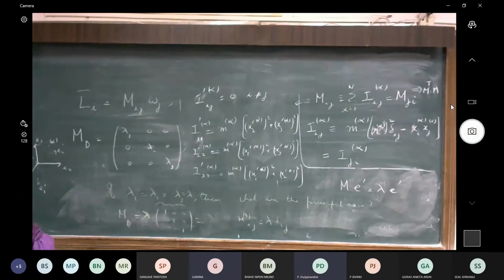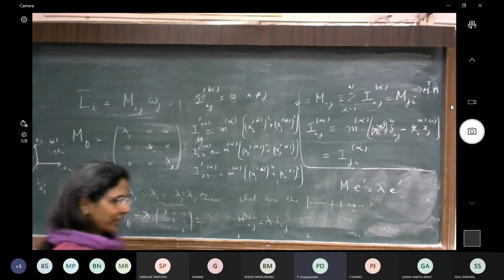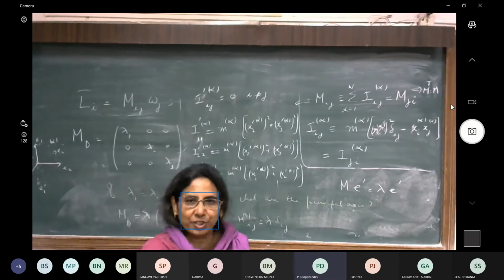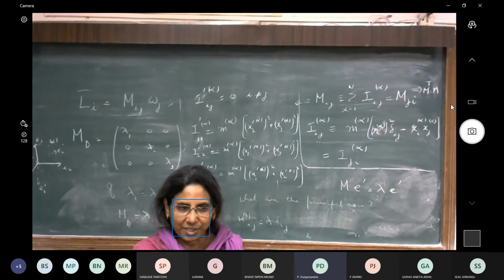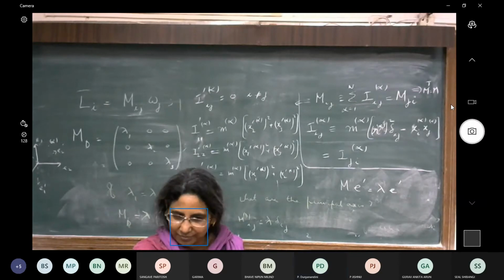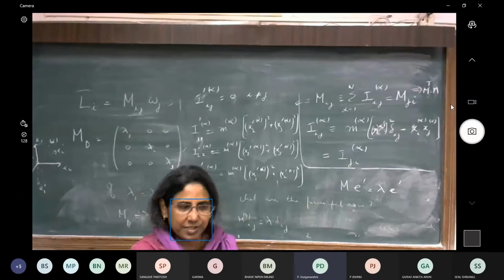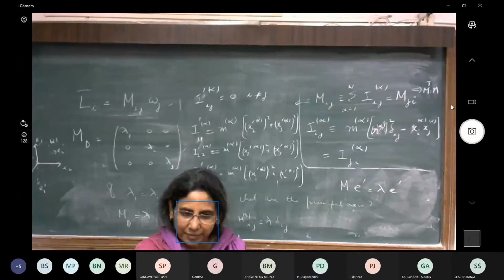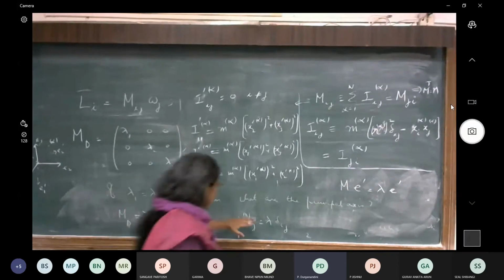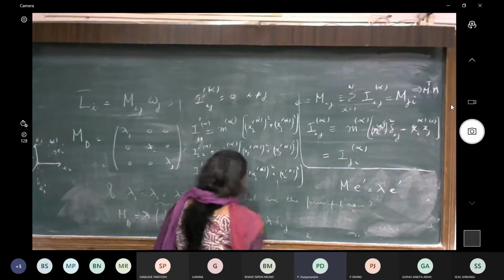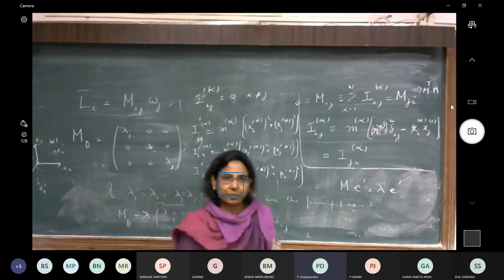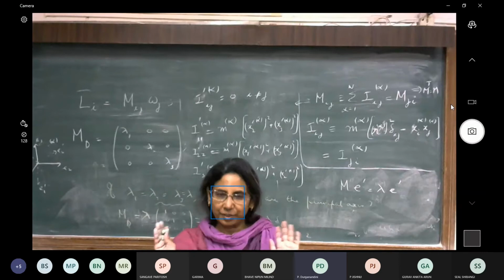It doesn't depend upon any particular direction. That means it is symmetric about all directions. So in that case, I could choose any set of three mutually orthogonal directions as my principal axes. I need three axes because I know this is a three-dimensional vector space. But the fact that this is now an isotropic tensor tells me that I can choose the principal axes to be any set of three mutually perpendicular axes.